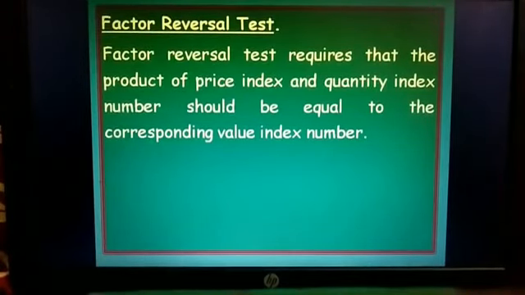This factor reversal test requires that the product of price and quantity index numbers should be equal to the corresponding value index number. What it requires?